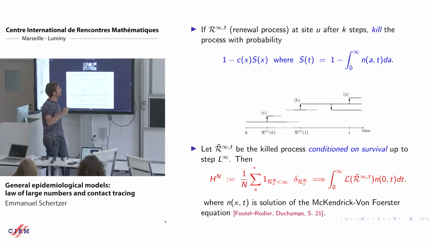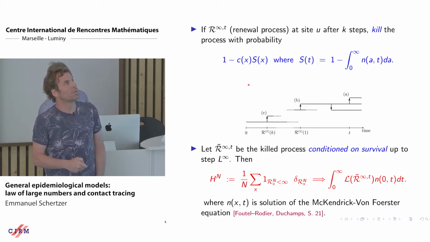You go backward in time, and if after k steps you're at site u, so a site is really an infection time, right? When you're at site u, you kill the process with a probability 1 minus C of U, S of U.